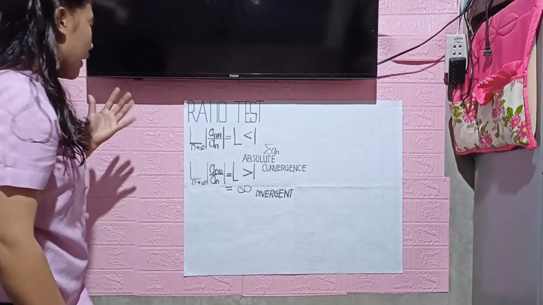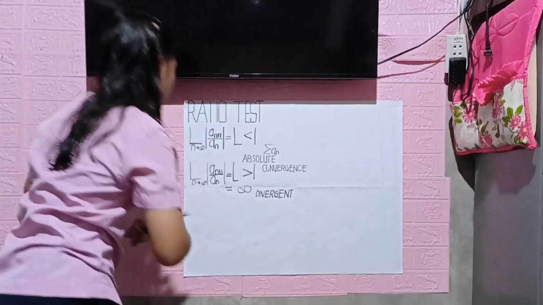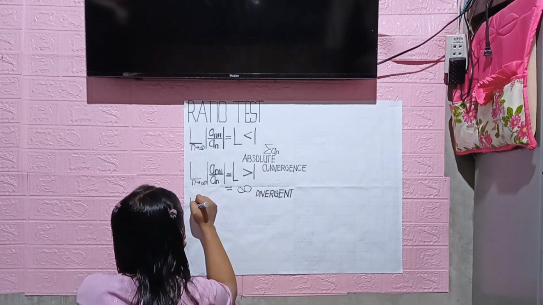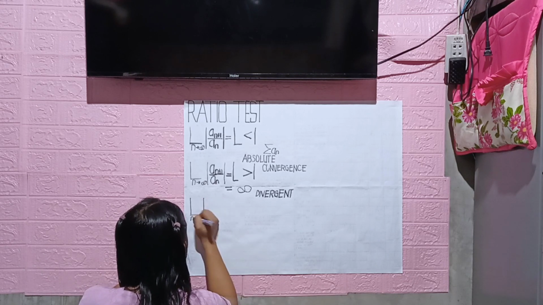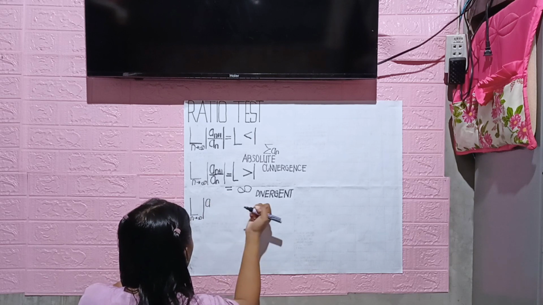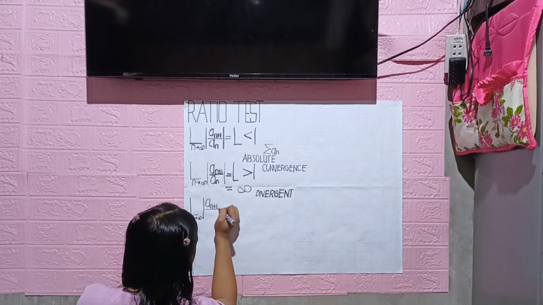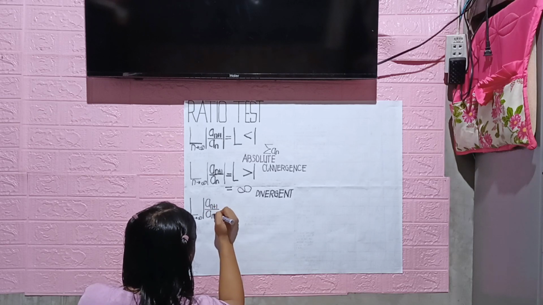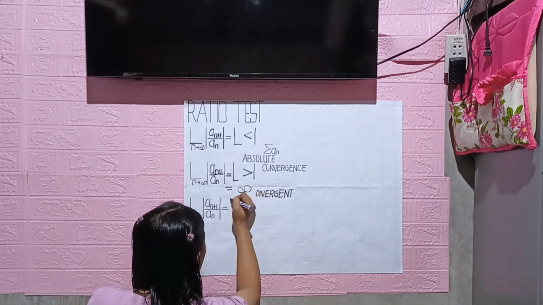Next, let's say we take the limit as n goes to infinity of the absolute value of a sub n plus 1 divided by a sub n, and it is equal to 1.